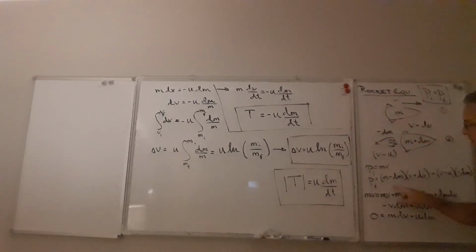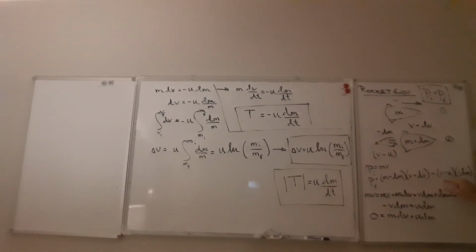And that will be the momentum due to the rocket itself, okay? It's got a mass plus its change in mass times the quantity, its new velocity plus its change in velocity due to the exhausted mass, right? It's going to speed up when you dump some stuff in the opposing direction, and that's the small change in velocity dv.